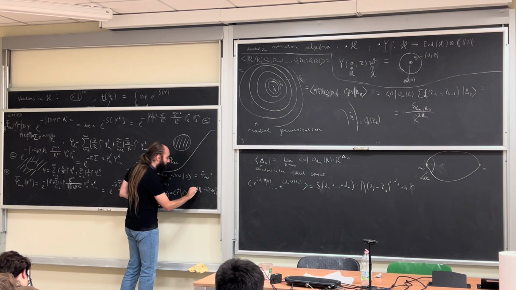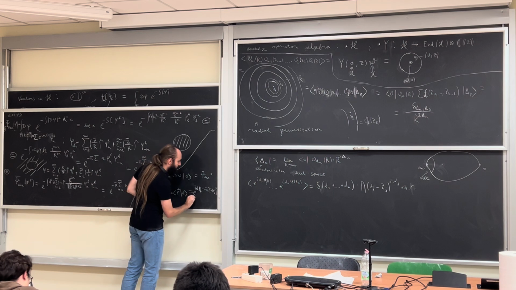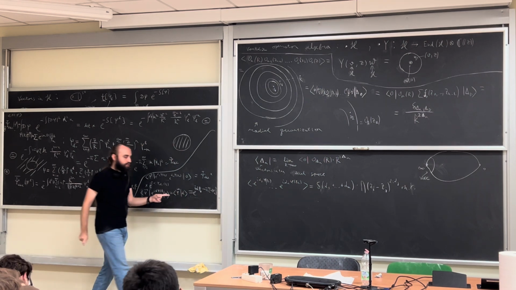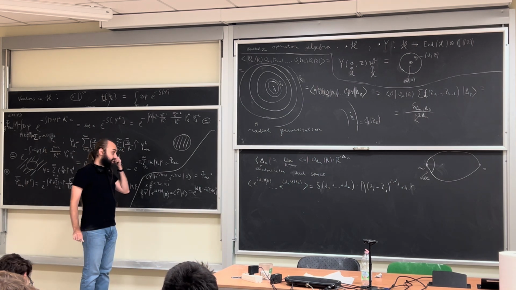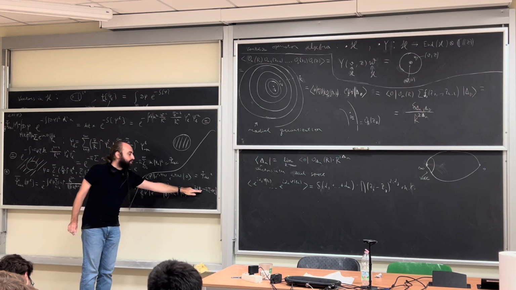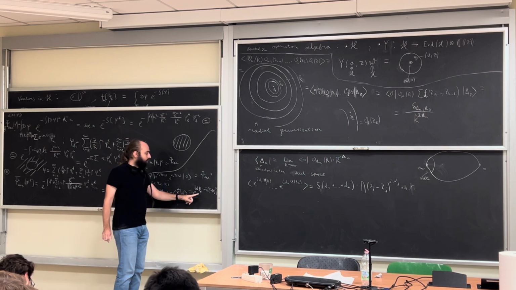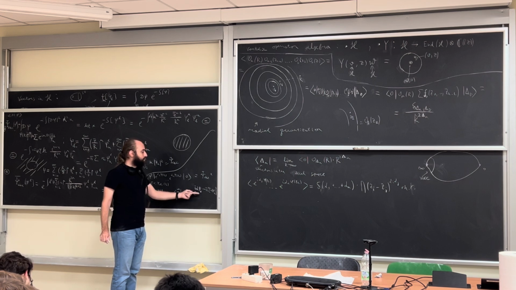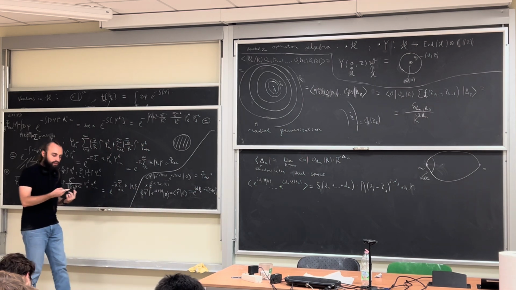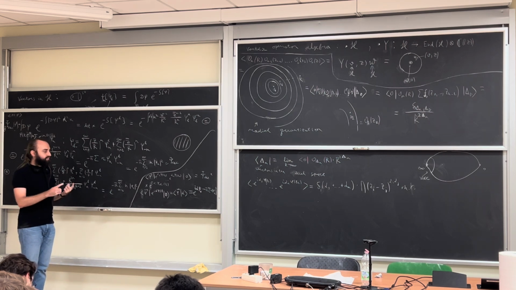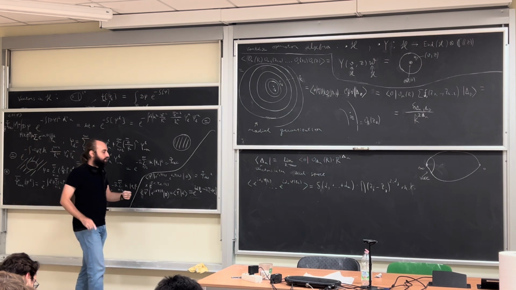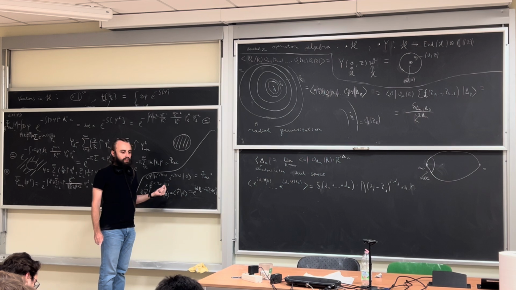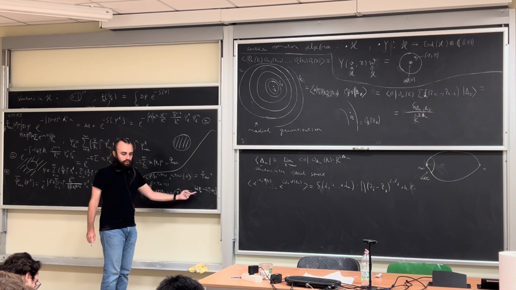So it means that this operator with charge alpha creates the wave function of a free particle with momentum alpha. And it is natural because this phi is a coordinate in the target space, and a shift of phi is a translation in the target space, and the eigenvalue of translation is alpha, so alpha is momentum.